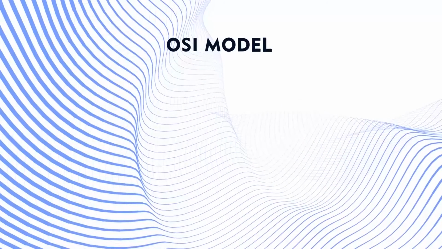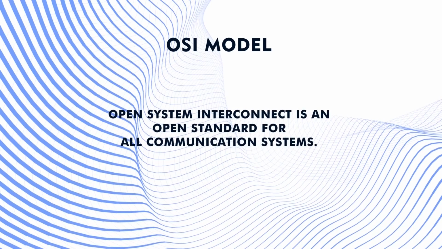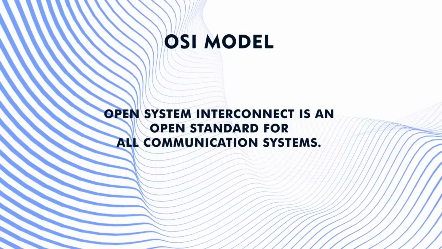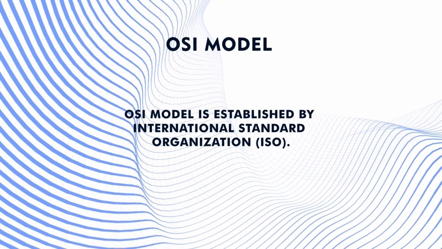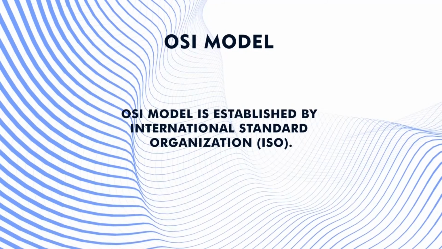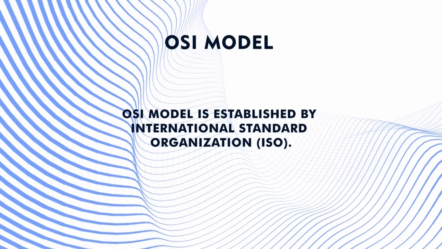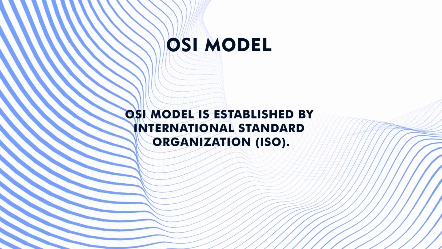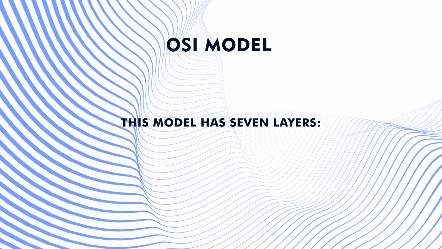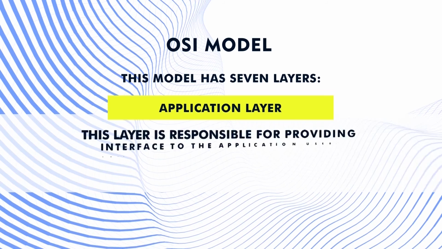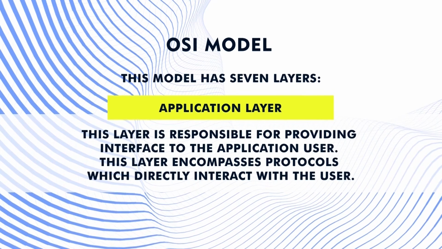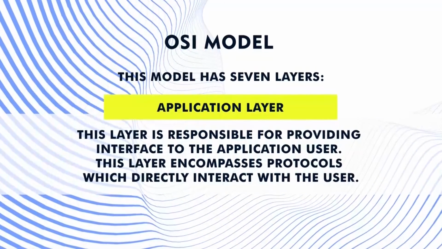Open System Interconnection is an open standard for all communication systems. The OSI model was established by the International Standards Organization, which you can call the ISO. This model has 7 layers altogether. First, the application layer. This is responsible for providing an interface to the application user.